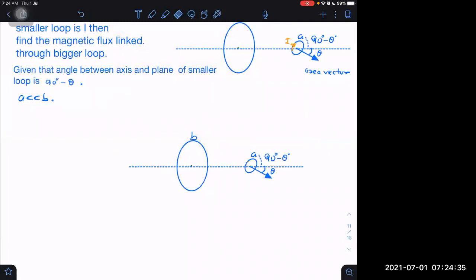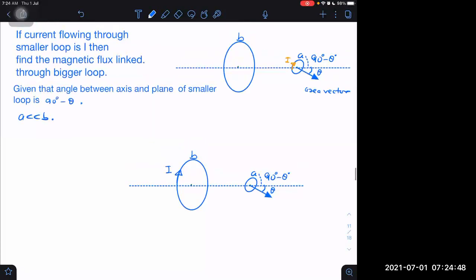We will take the current in the bigger one as I. And yes, he's right, distance is needed. Distance between them is given. Assume it to be equal to x.